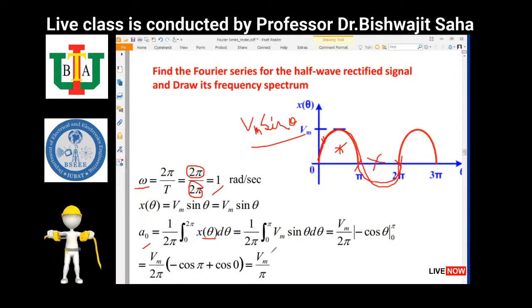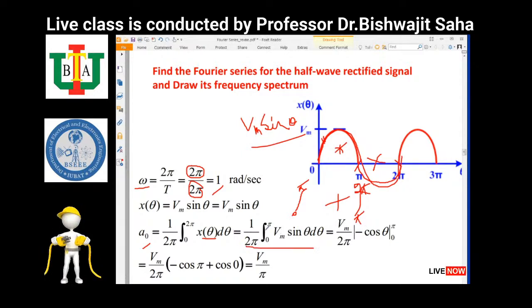That's why the limit will be 0 to pi plus pi to twice pi. So we get Bm sine theta d theta, and the next part is 0. So we have a simple integration.